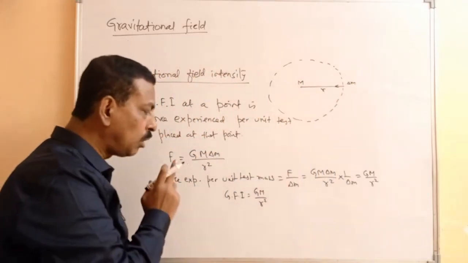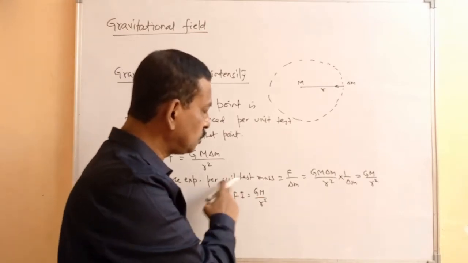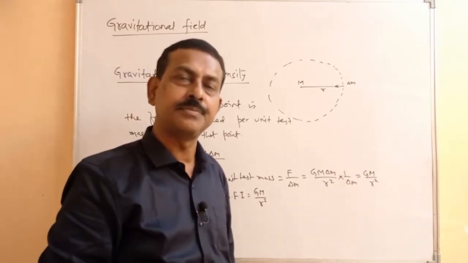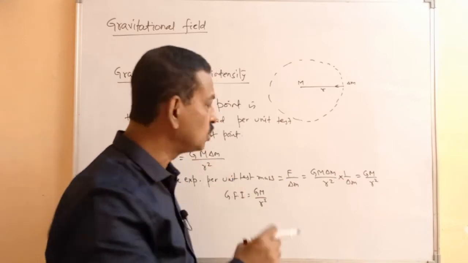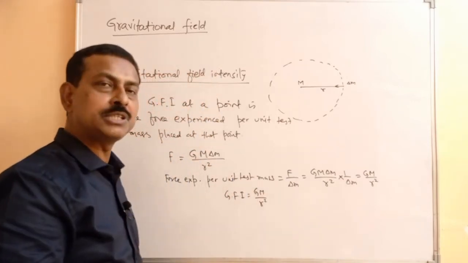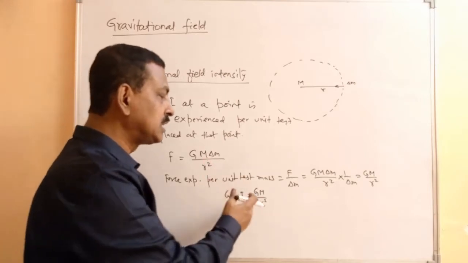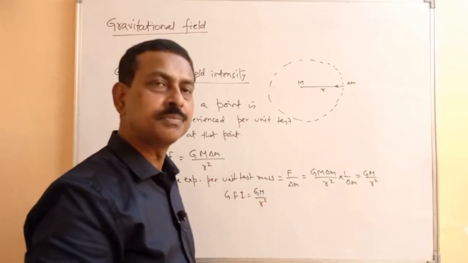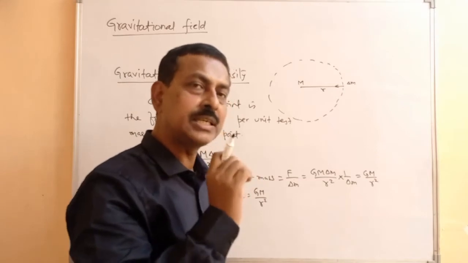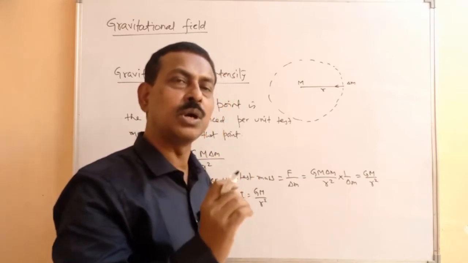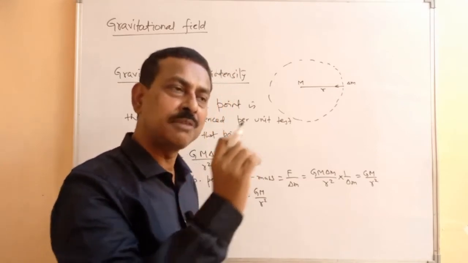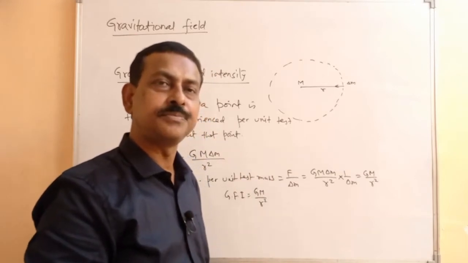Now you can also notice that this expression of the gravitational field intensity is the same as acceleration due to gravity, because the expression for acceleration due to gravity was also GM by r square. So the gravitational field intensity is numerically equal to acceleration due to gravity at that particular point.